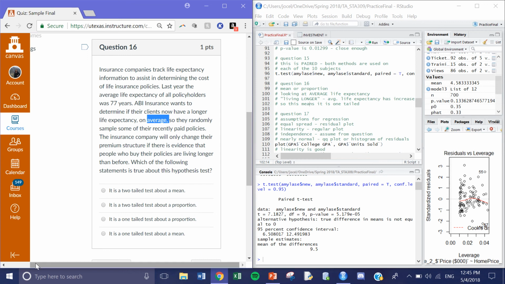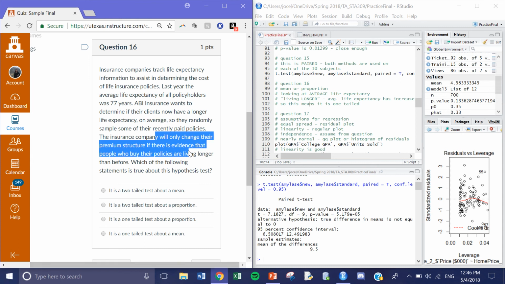So we can cross out the ones about proportions. The next thing to see is whether this is one-tailed or two-tailed. It says the insurance company will only change their premium structure if there's evidence that people who buy their policies are living longer than before. So we're only checking if that average life expectancy has increased. That makes this a one-tailed test about a mean.